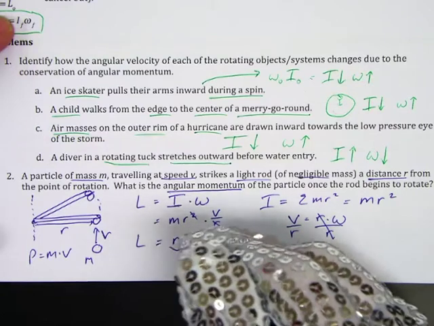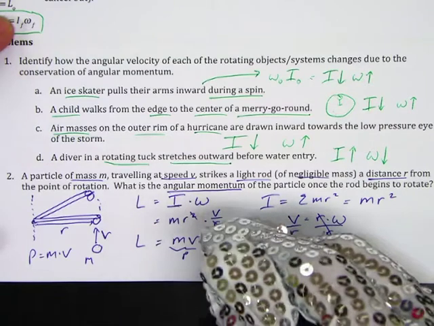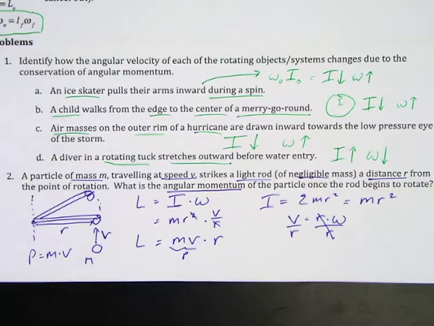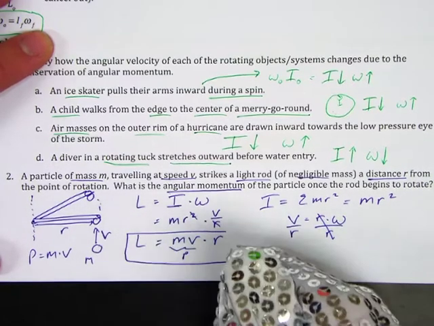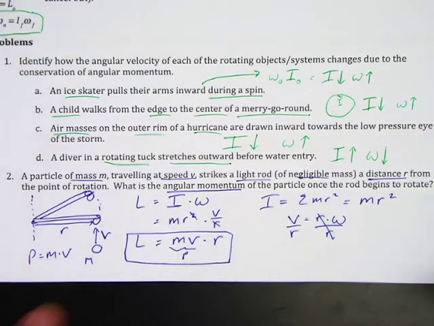That's the initial p, times the radius of the rotation r. And this is how we can look at a linear momentum converting into an angular momentum due to the mass beginning its rotation on the rod.